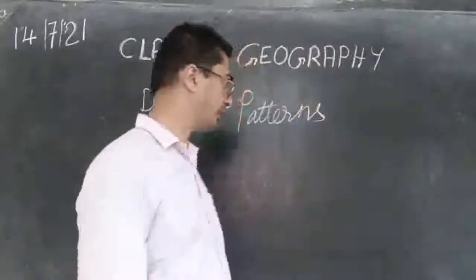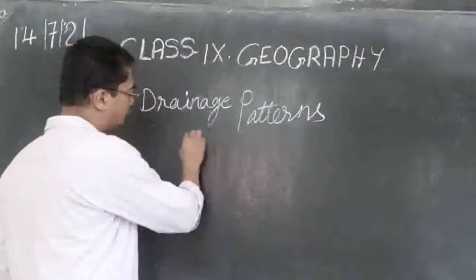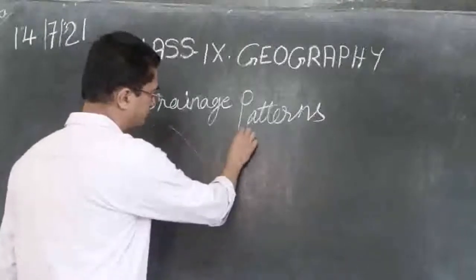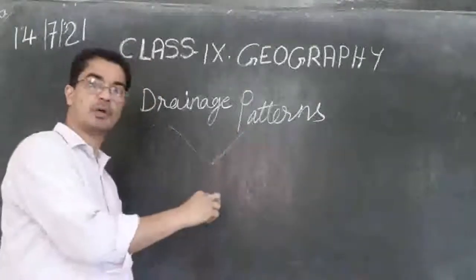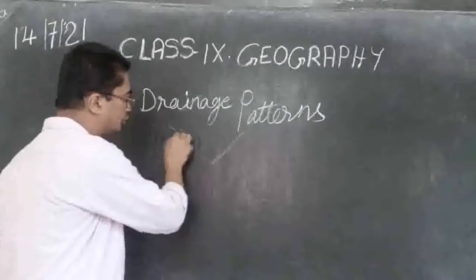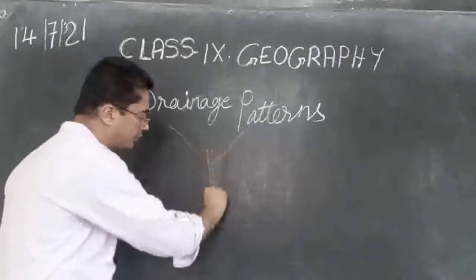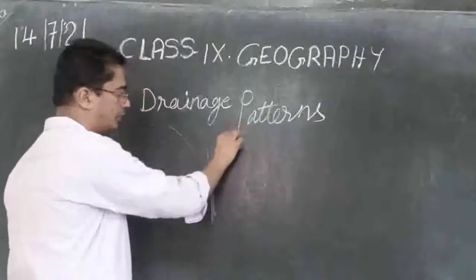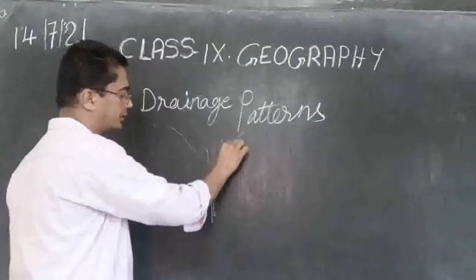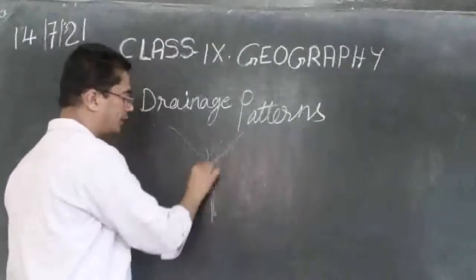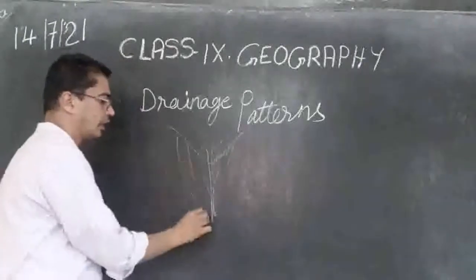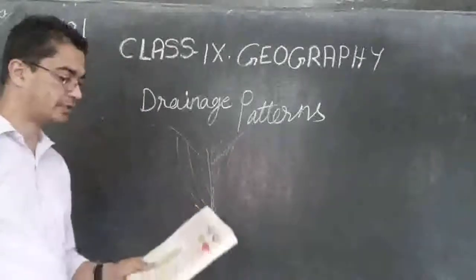It happens when water is flowing between two mountains. The river will be flowing this way, and from the mountain slopes small channels will flow and join this river.